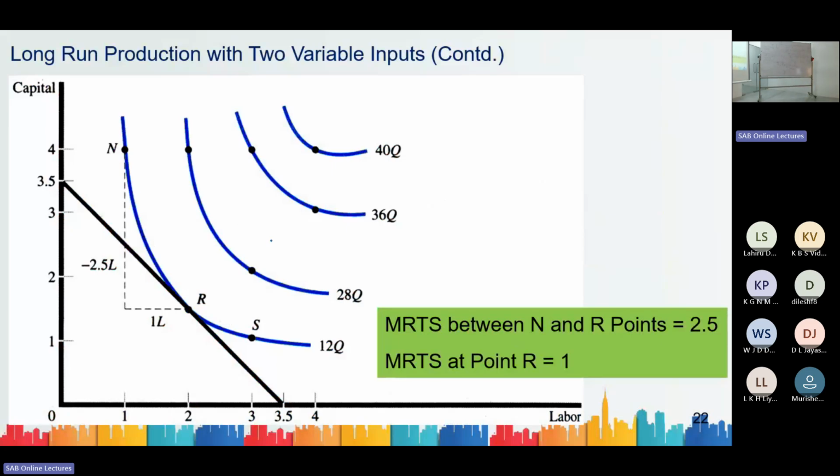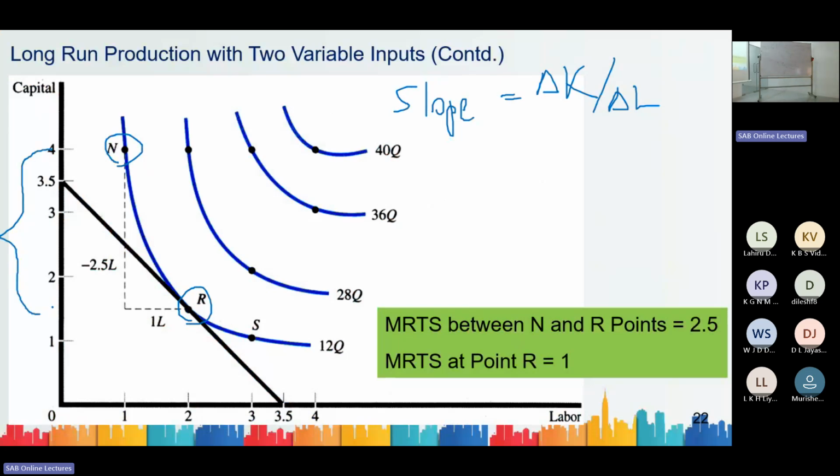So here it shows that between point N and R, the slope of the isoquant is what? Delta K over delta L. Delta K is a decline from 4 units to 1.5 units, by 2.5 units.